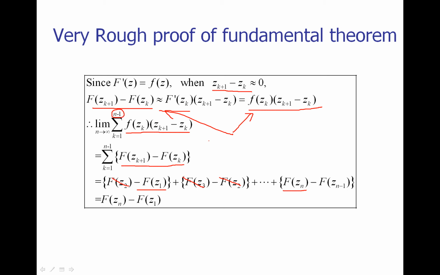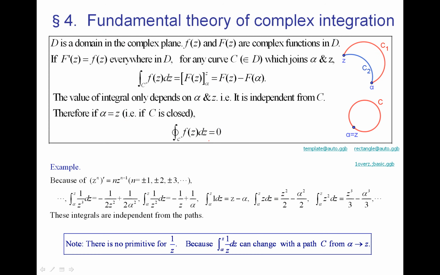So each error becomes very tiny, but the number of elements also increases. So it's a problem of infinity multiplied by 0. You can't tell, so it's an indefinite limit. Okay? So it's not a real proof.